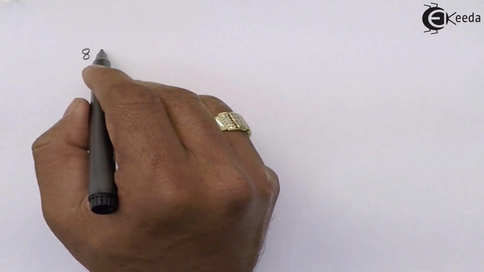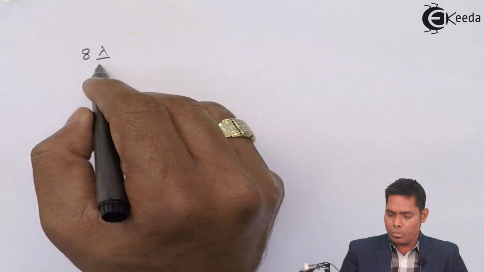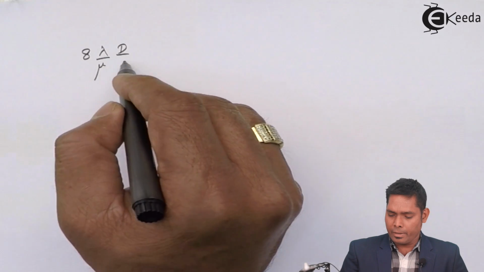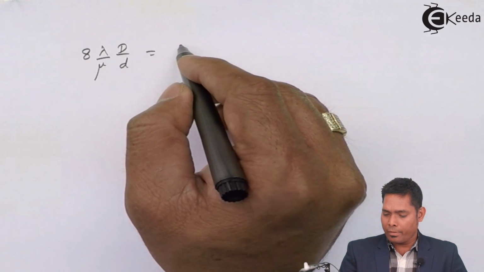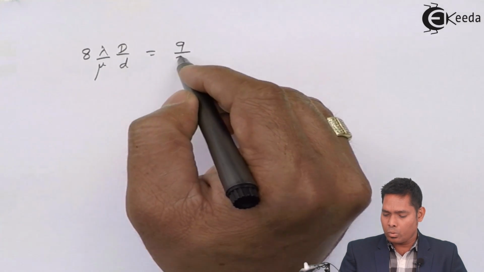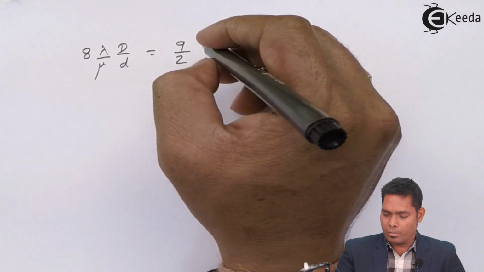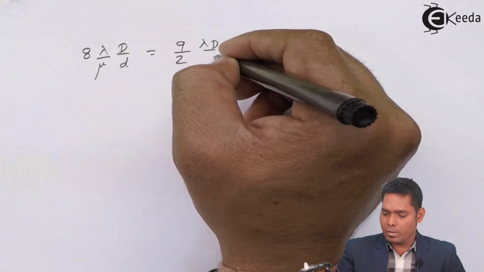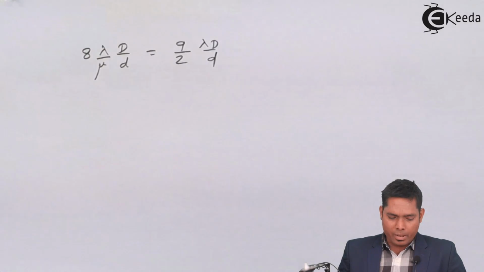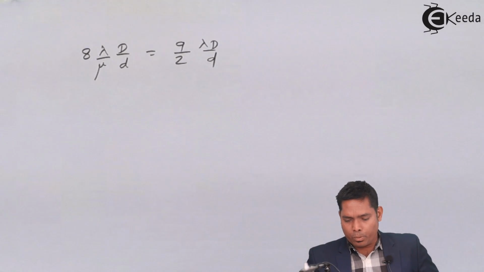8 lambda dash, which is lambda by mu, times D by d equals 4.5, that is 9 over 2, times lambda D over d. So from here I have to solve to get the value of mu.